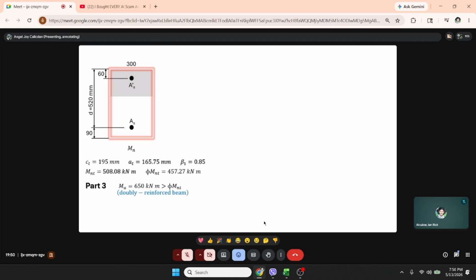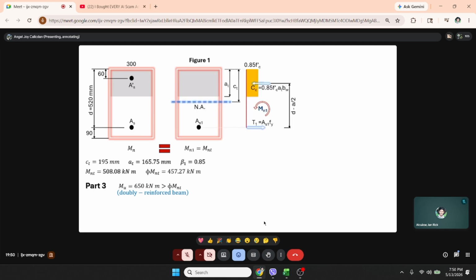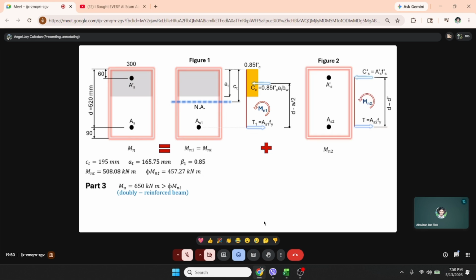And for doubly reinforced beam, if mao ni ang cross-section sa beam, Mn ang iyang nominal moment capacity, equal ra siya sa ang first part is Mn1, which is just equal to Mnt, or the tension controlled na moment, plus Mn2, which is combination sa AS2 o AS prime.